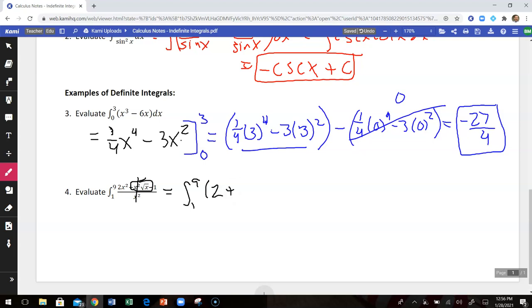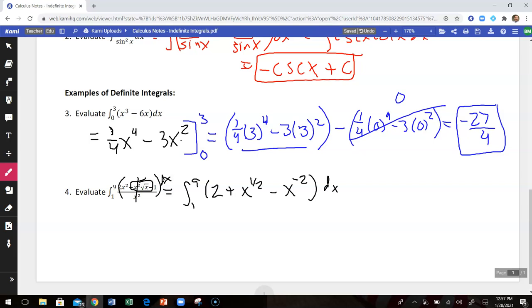I'm going to rewrite that as x to the 1/2 power so that I can take the antiderivative of that. And then we have minus 1 divided by x squared. Well, 1 divided by x squared would be x to the negative second. So that's what I would get if I were to divide each of those by x squared. I did forget on the initial problem here to put a dx. There should be a dx there.